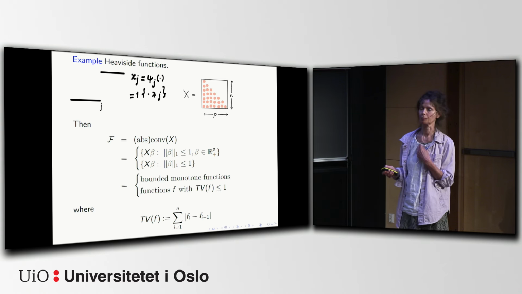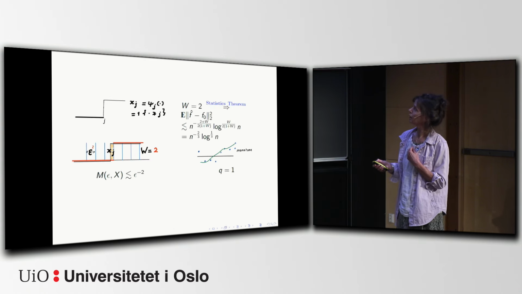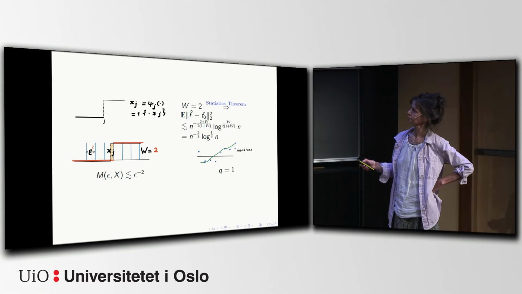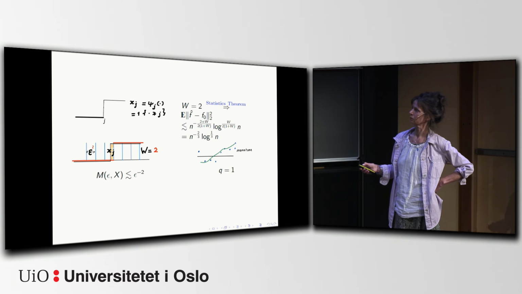And what are the approximation numbers? Here's the Heaviside function, the black one. Here's the real line. You make a little grid of size epsilon squared here.